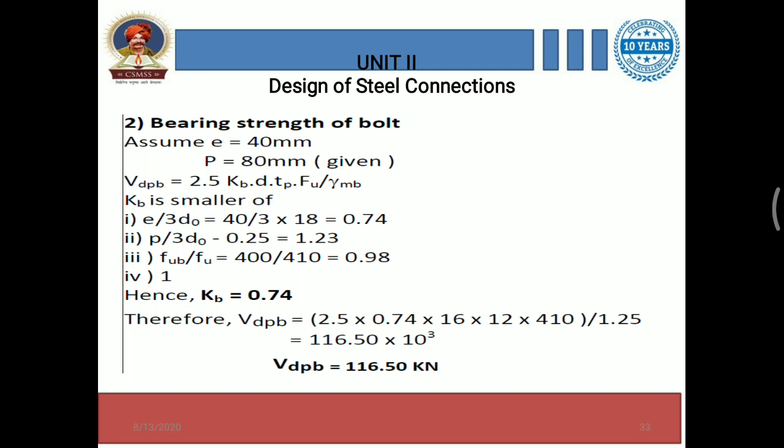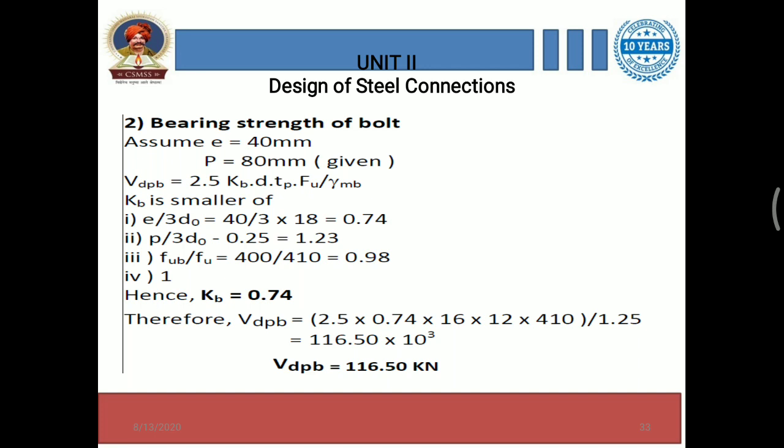Okay, now for the calculation of KB value we have 4 conditions. E upon 3D naught, just put the values of E and D naught here and you will get one value. Then P upon 3D naught minus 0.25, just put the value of P and D naught and you will get a value, something like 1.23.